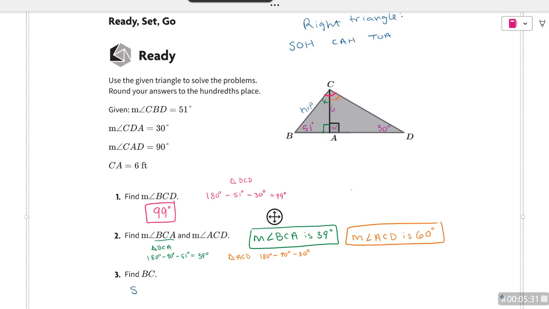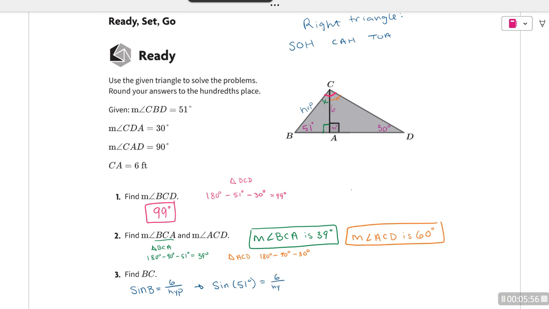So let's do sine of our angle, and let's use angle B, is equal to opposite, which is 6, over hypotenuse. That's what we're trying to solve for. And we have sine of 51 degrees because that's what angle B is.